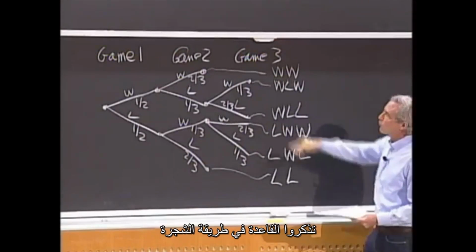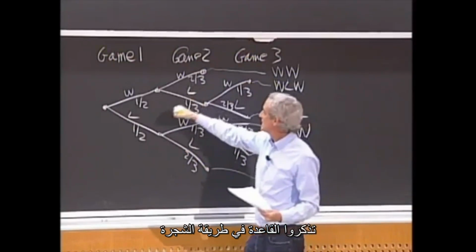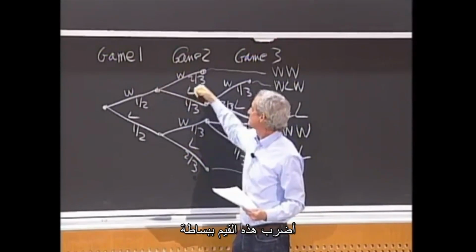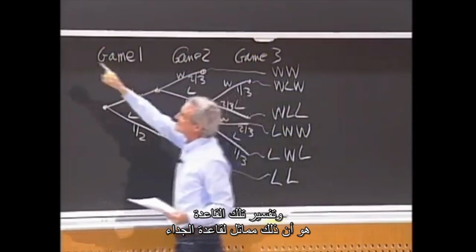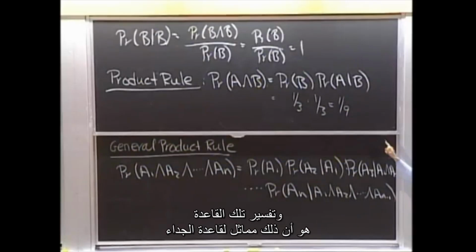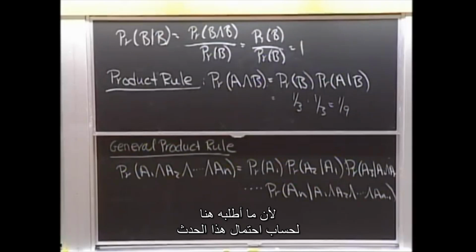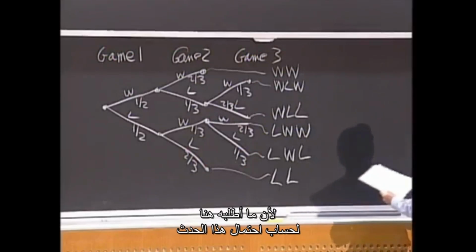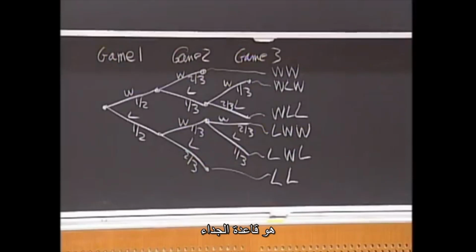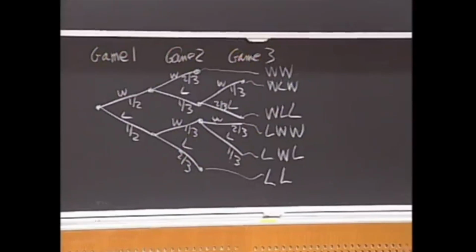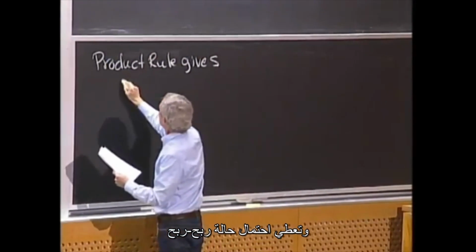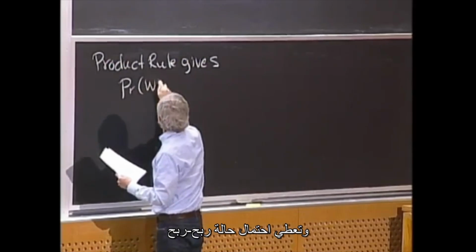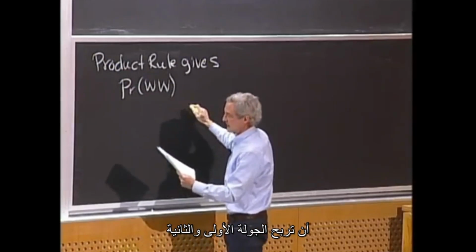Now, remember the rule we had for the tree method? I just multiply these things. Well, in fact, the reason we have that rule is because that is the same as the product rule. Because what I'm asking here, to compute the probability of this guy, the product rule gives the probability of a win-win scenario. Win the first game, win the second game.